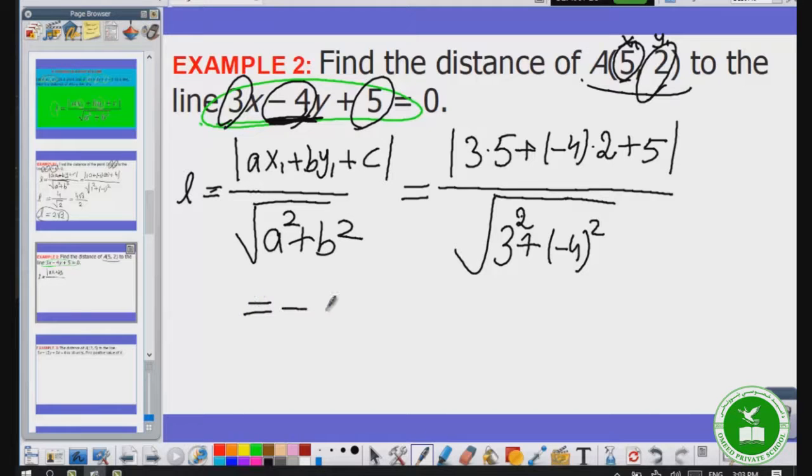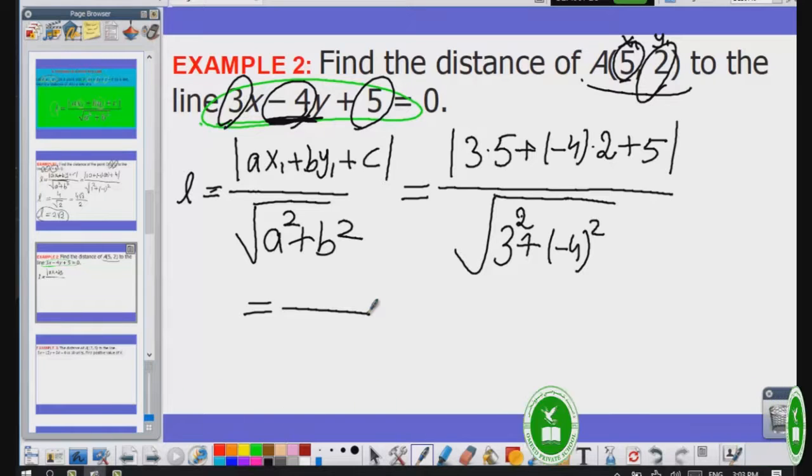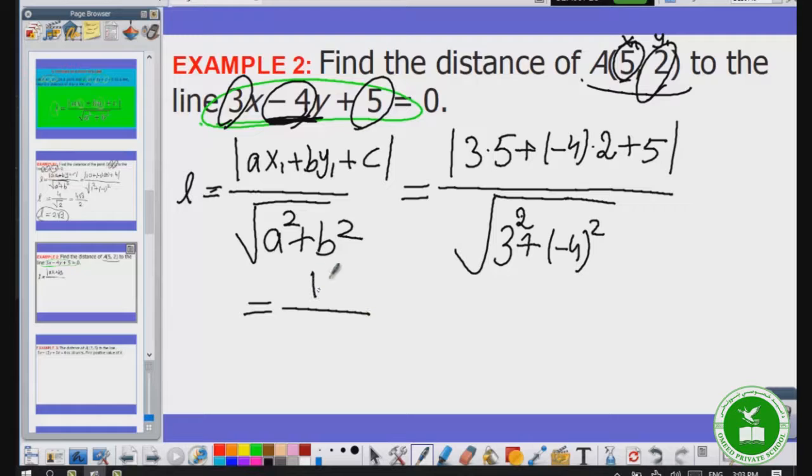Here, numerator 3 into 5, 15. 15 plus 5, 20. 20 minus 8 is 12. Numerator is 12. Denominator is 3 square 9 plus 16, 25, and the root of 25 is 5. So 12 divided by 5.